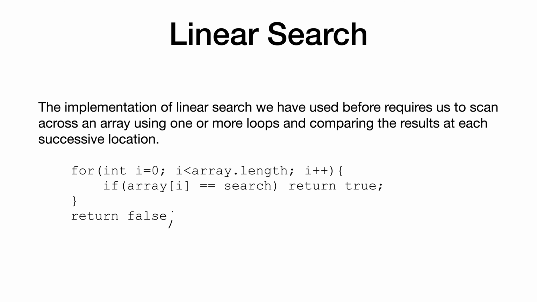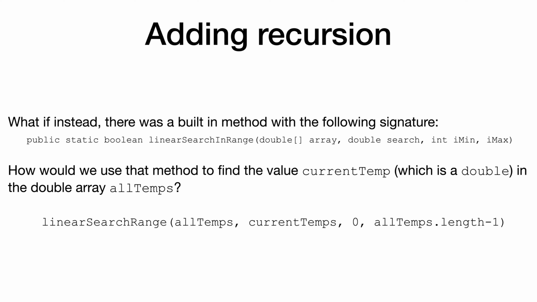this array. Well, what if we had a method that was provided to us by the system that had the following signature? Say it's a static boolean, so it returns true or false, and we have to give it the array here, of doubles, and a search, which is the normal thing we see, and then an imin and an imax.